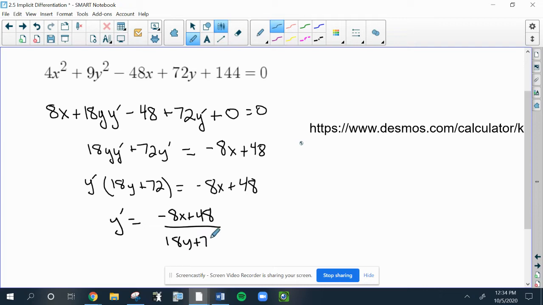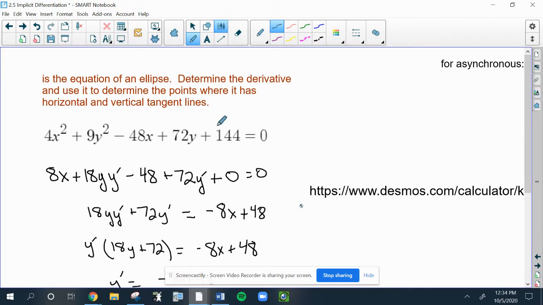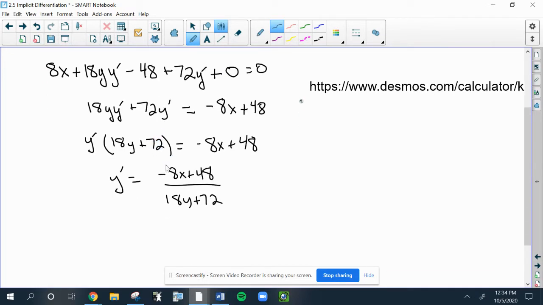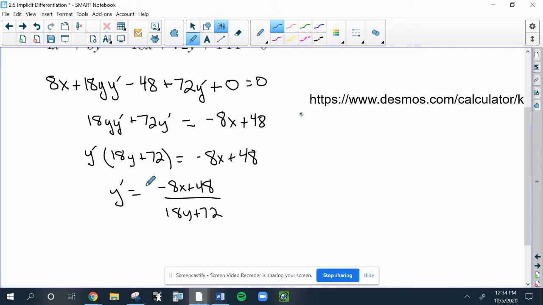Now, something happens here. You notice everything was even. You can simplify this. I'm not really looking for the simplified derivative. I'm just, well, maybe I am. The goal of this problem is to find where it has a horizontal and vertical tangent line.